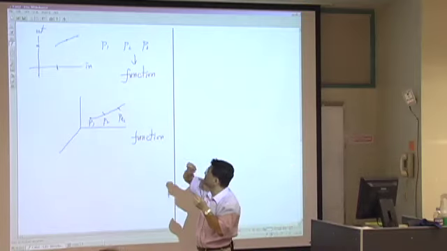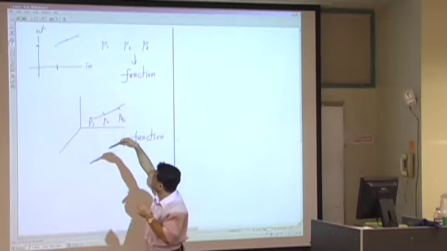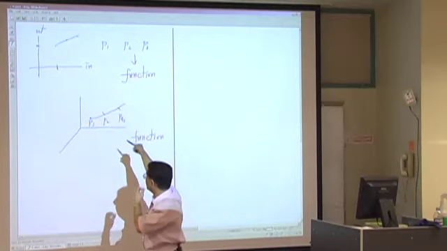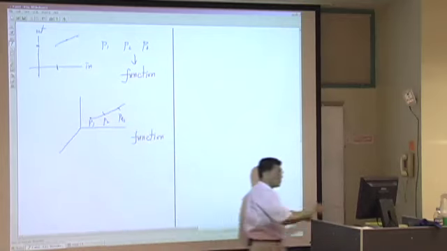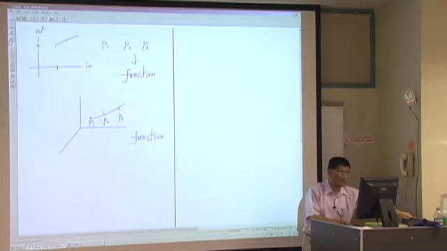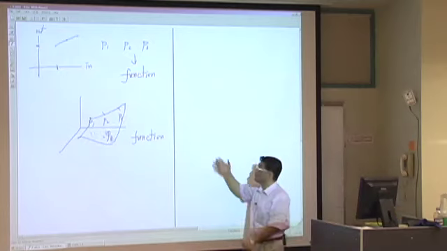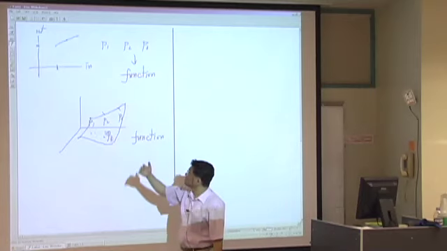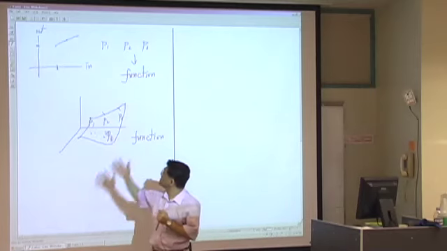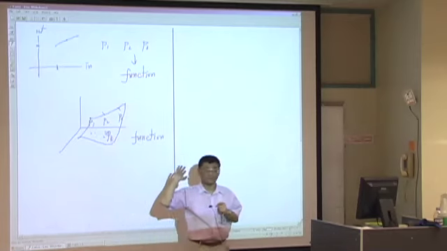In a two-dimensional plane we have just a curve, but in the three-dimensional case we may have a surface function, with P4 and so on. So we are handling these kinds of things in the chapter, and if you have any questions about this idea, ask me.